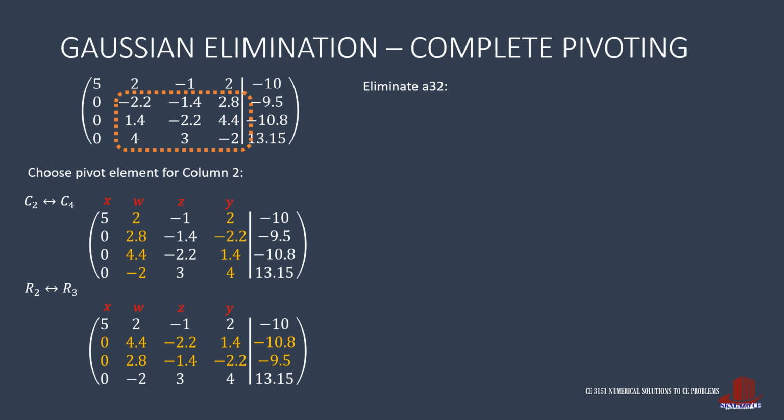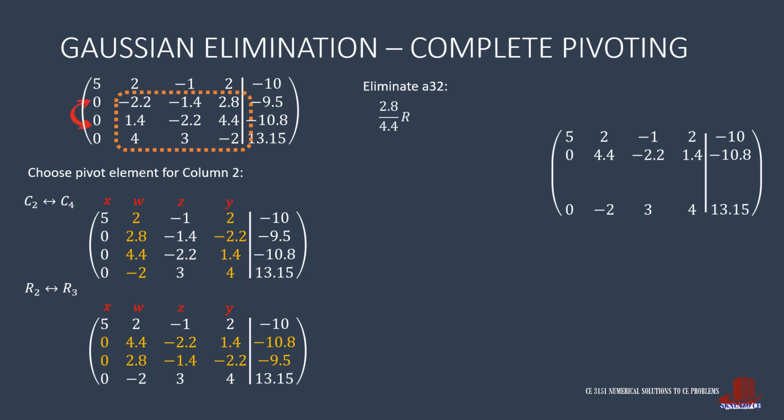With the pivot element as 4.4, zero out element 3,2 with 2.8 over 4.4 of row 2 minus row 3 to have a new row 3. That is 2.8 over 4.4 of 0 minus 0 to have 0. Then 2.8 over 4.4 of 4.4 minus 2.8 as also 0.